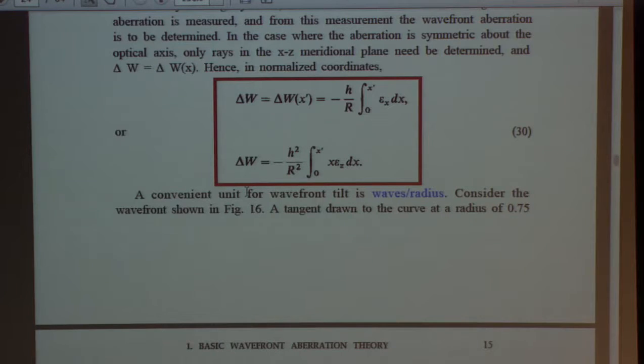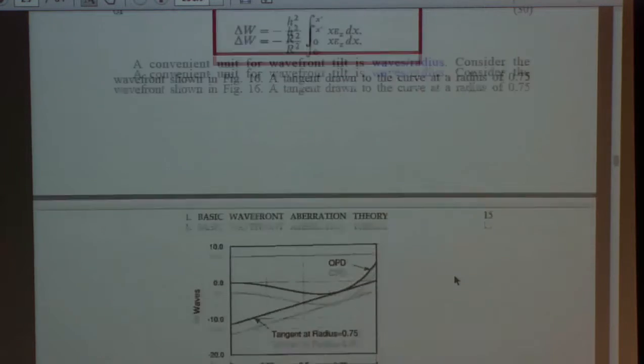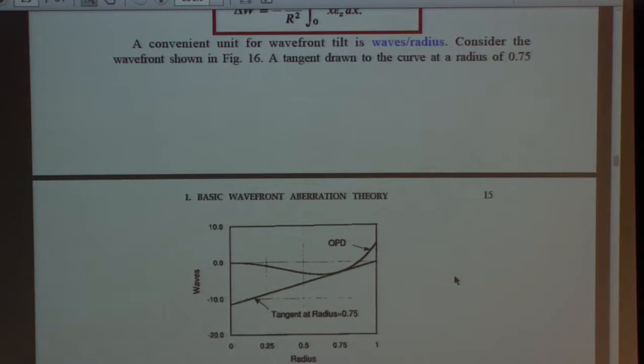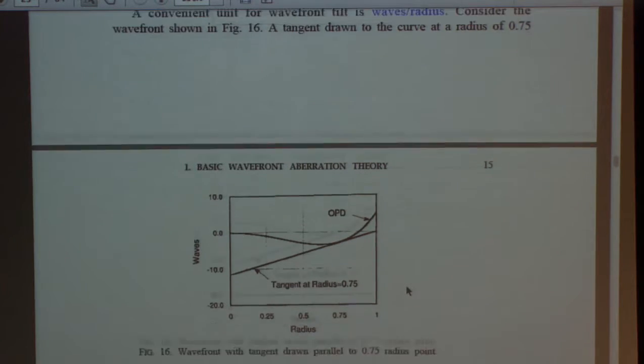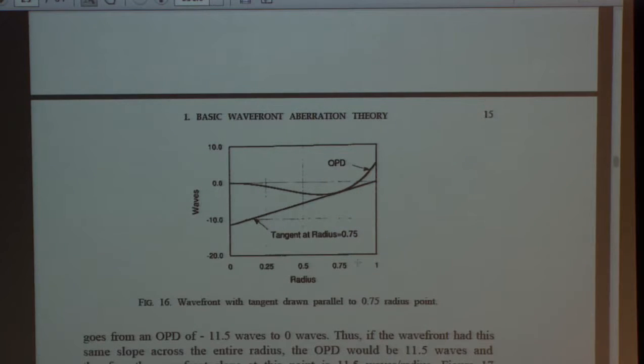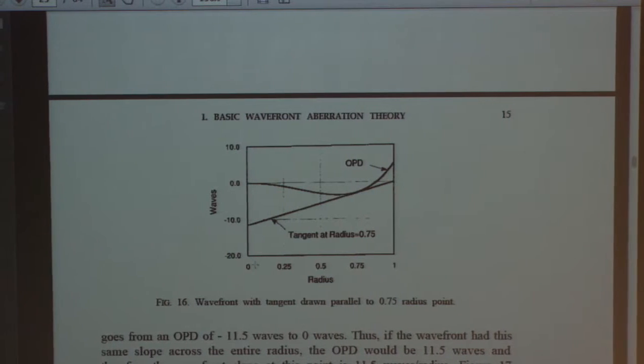But instead of that, I like to use some crazy units called waves per radius. Why would I pick such a crazy unit? Well, let's think here for a second. Down here I have some wavefront, like so. I'll pick some point right here, and I'll draw a tangent to the curve at that point. I take that tangent line and stretch it out across the whole pupil.